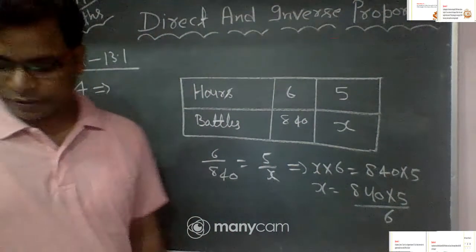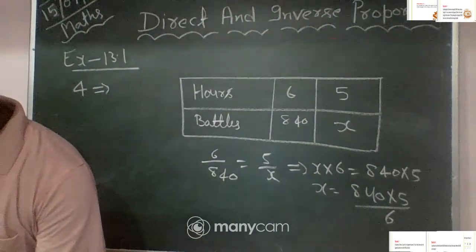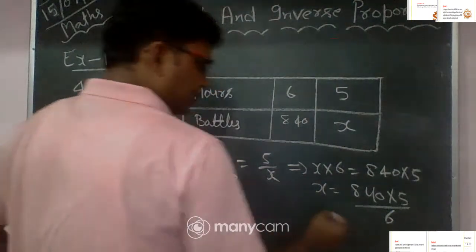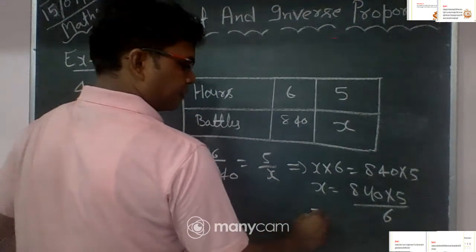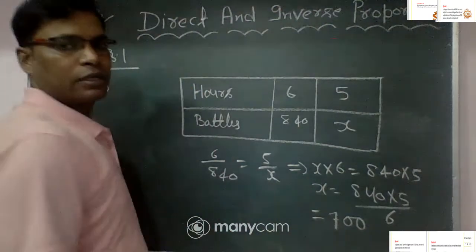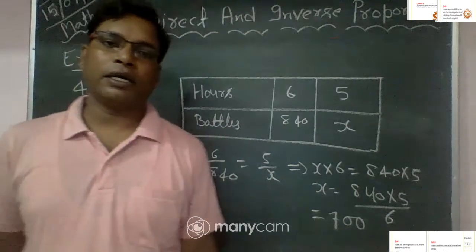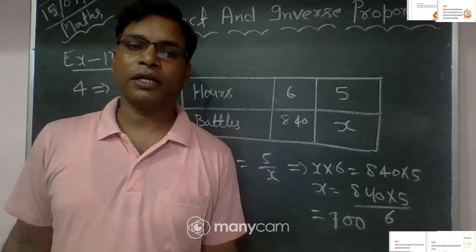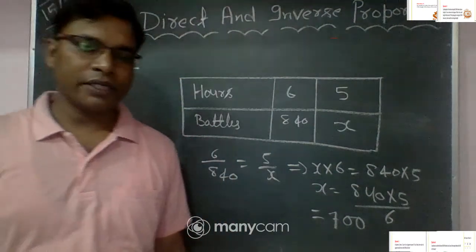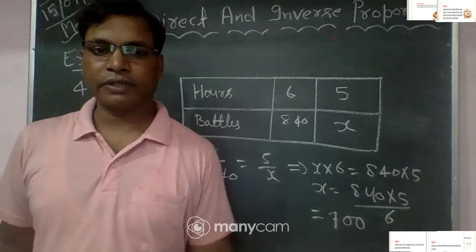If you divide it, then you obtain 700 bottles. It means that the machine fills 700 bottles in 5 hours, because the machine fills 840 bottles in 6 hours.